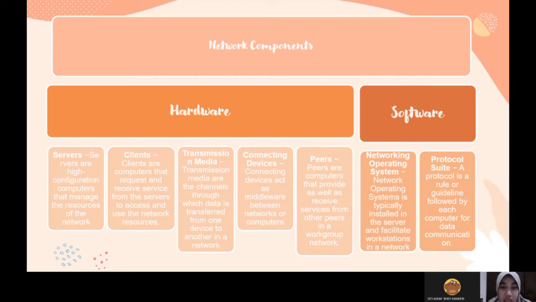The fourth is connecting devices, which act as middleware between networks or computers. And the last one is peers. Peers are computers that provide as well as receive services from other peers in a workgroup network.